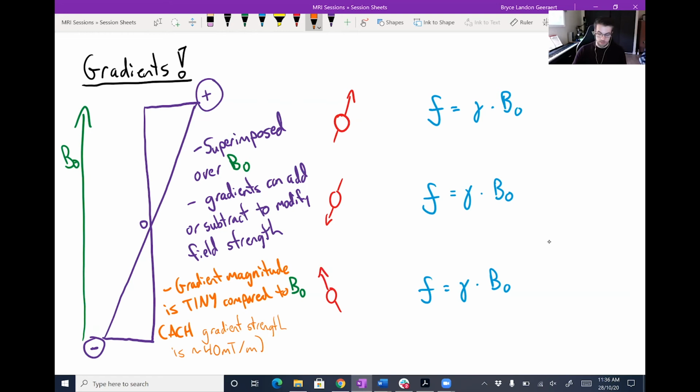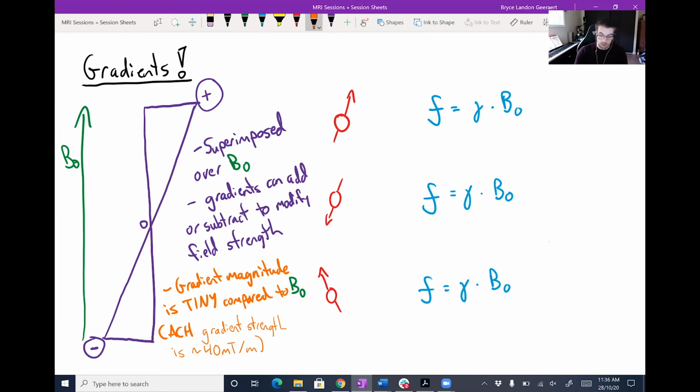Now we'll move on to talking about what gradients actually do for us. Hopefully we understand that we're adding a gradient to change the magnetic field strength experienced by different protons. If we look at this example I've drawn here, the spatial location of these spins now matters.